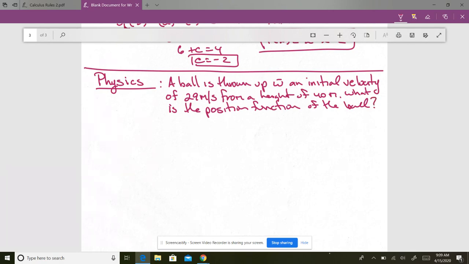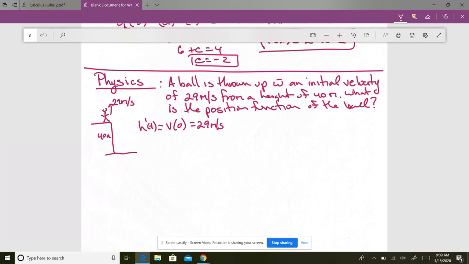All right, so drawing. This is 40 meters. They throw a ball up at 29 meters per second. So I know that the velocity v of 0 is equal to 29, and we know that velocity, actually, I'm going to use h, is actually the first derivative, right?